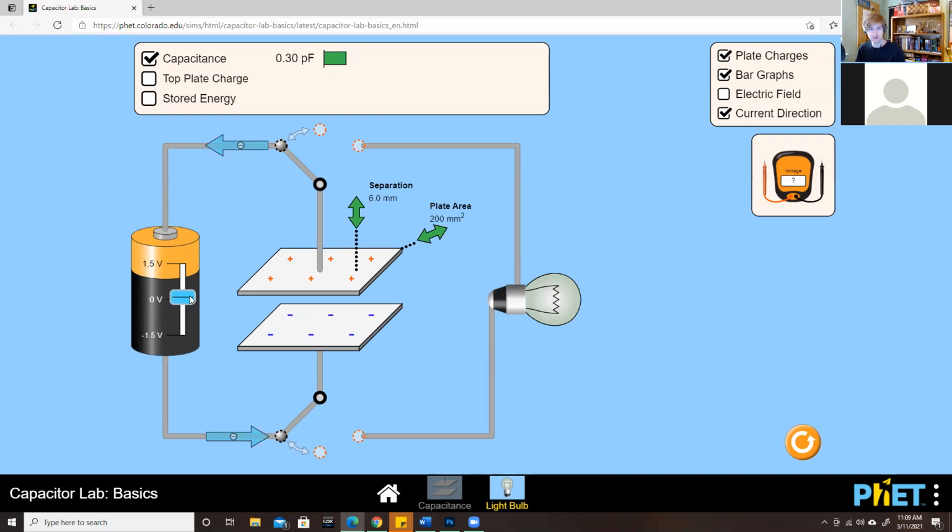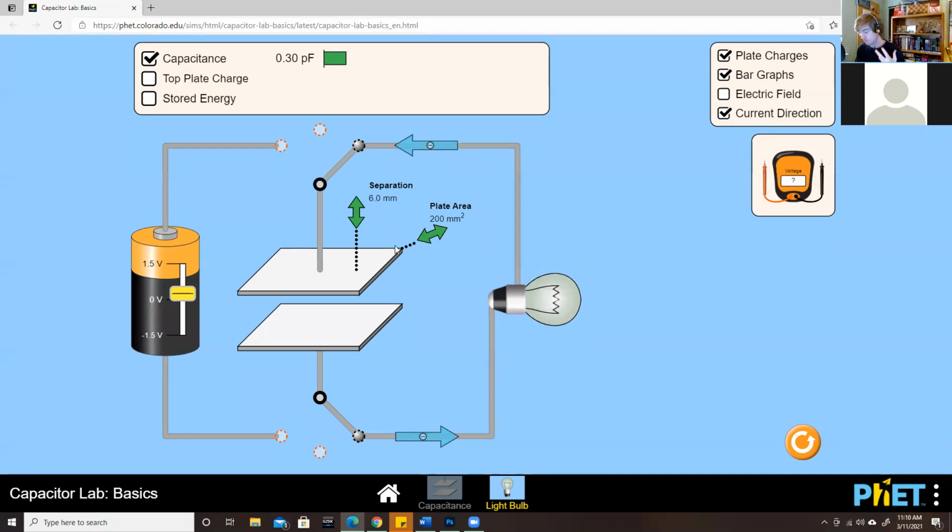And I'm just going to do a very small amount just to show you. So very small. And I could disconnect it and then connect it to the light bulb and see how it reacts. Let me just do a small one, so like that.